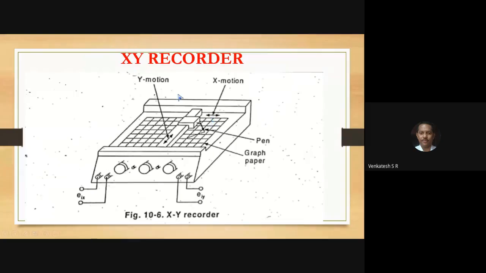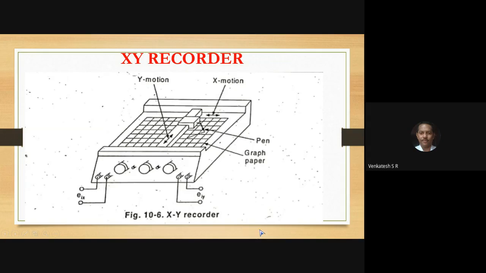You can have the printout in x direction as well as in y direction. So you can write x motion, y motion, and there will be a pen which prints the output in x direction as well as in y direction.